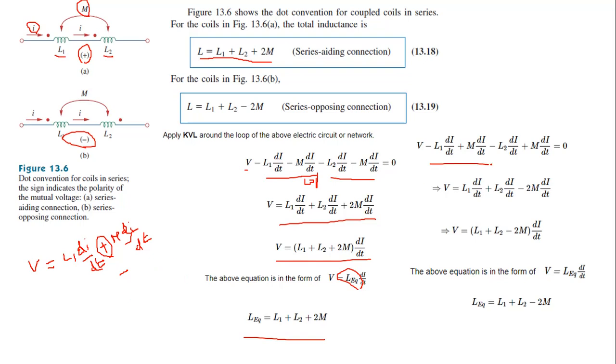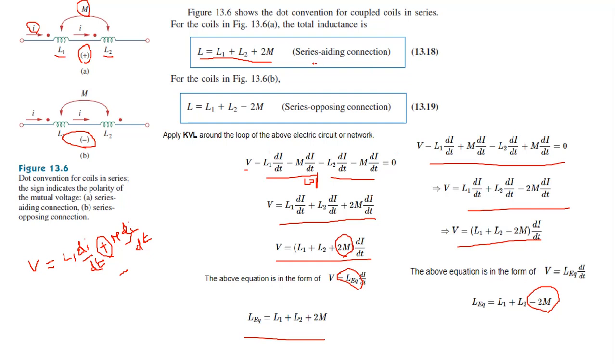Substitute that here, we will get this equation, that is V is equal to L1 plus L2 minus 2M into di by dt. So equivalent will be L1 plus L2 minus 2M, right? In series aiding connection, twice the mutual inductance is added to the self inductance, whereas for series opposing connection, twice the mutual inductance is subtracted from the self inductance values.